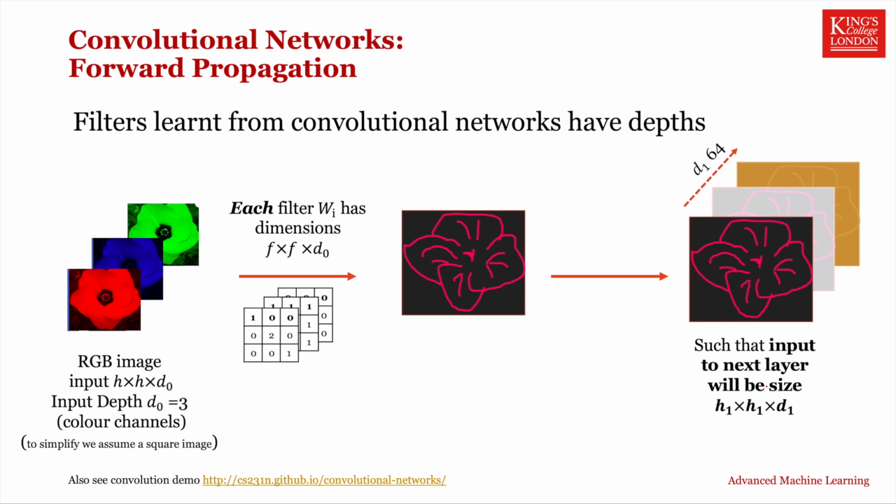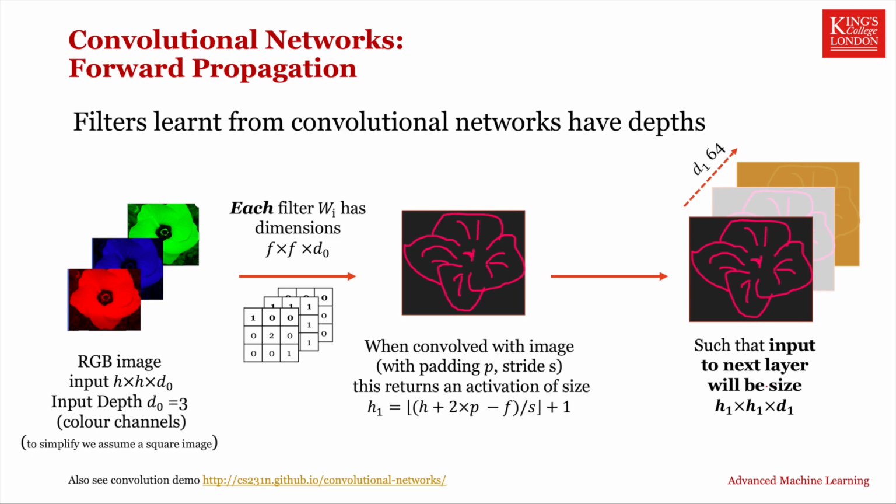Always the filters must have depth equal to the depth of the incoming image or activation layer. When convolved with padding p and stride s, this will return an output image of shape h1 using the formula learnt in the previous lecture. The output of this operation is likely to be something like that from an edge detector, as early layers learn simple local filters.